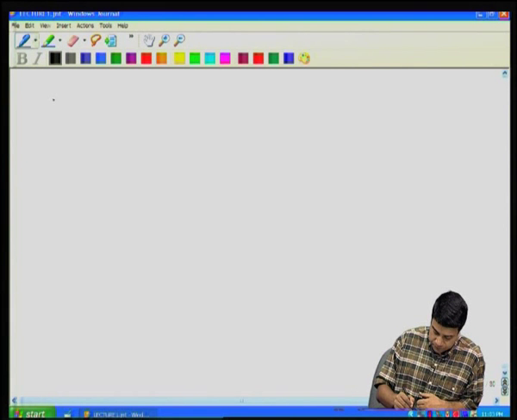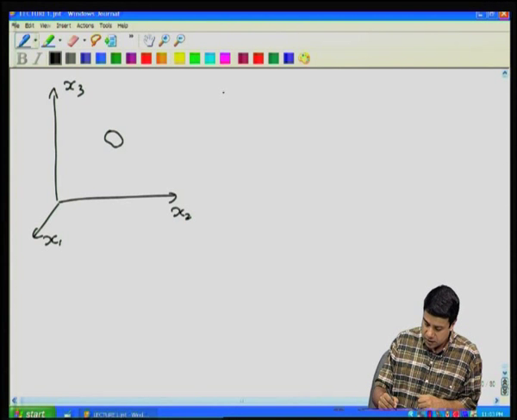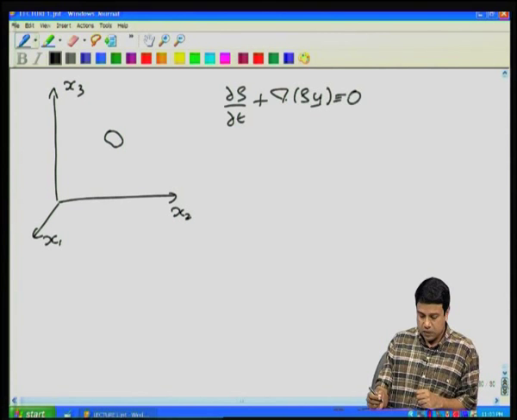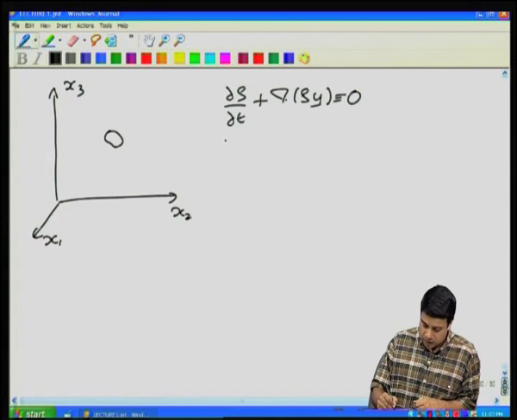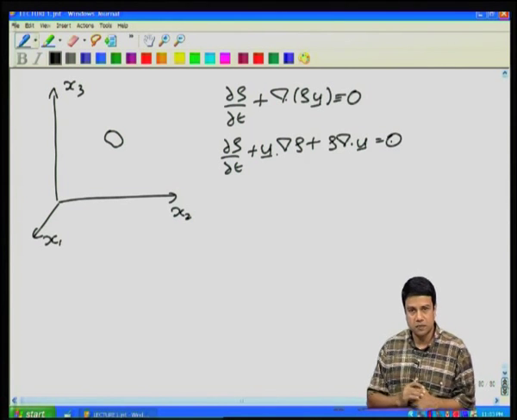So, my conservation equation was partial rho by partial t plus del dot rho u is equal to 0. I can expand it out to write it as partial rho by partial t plus u dot grad rho plus rho del dot u is equal to 0.